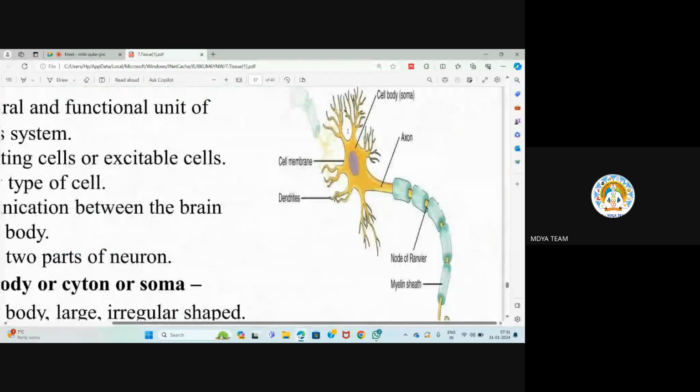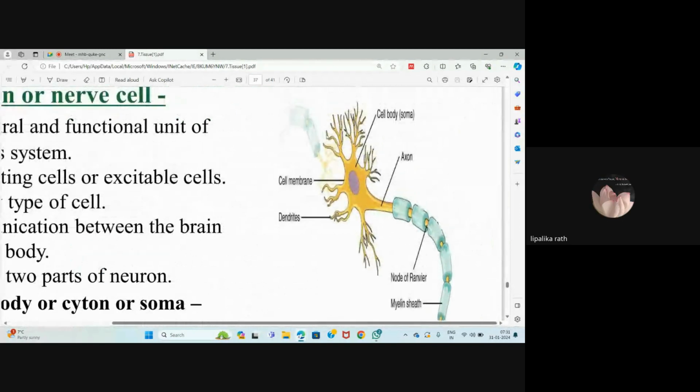Can you see the picture clearly? Yes, ma'am. If you see with attention, you can see the neuron is ending here. Can you see the previous neuron? Yes, ma'am.